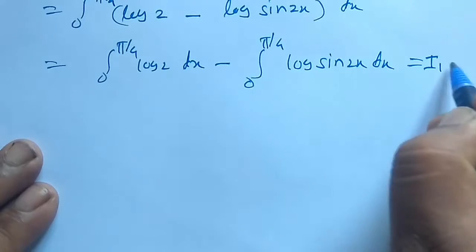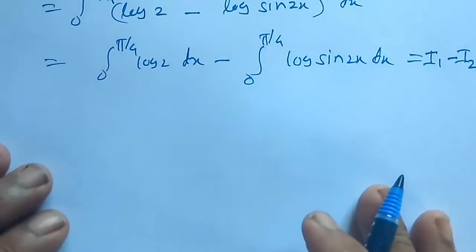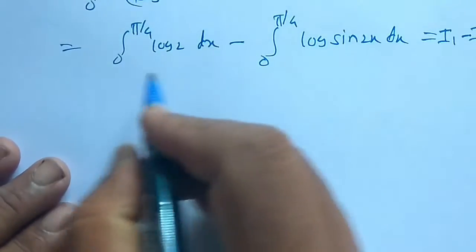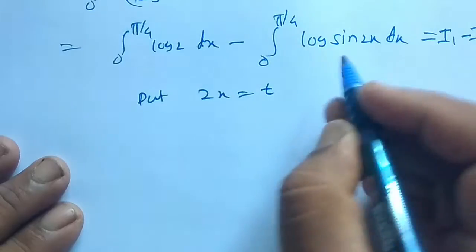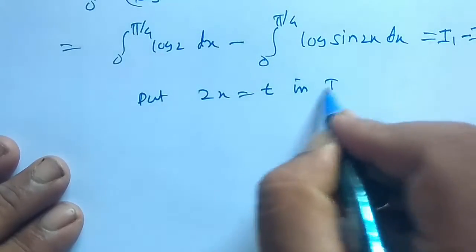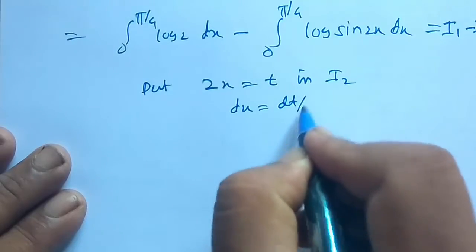We say I1 minus I2. Therefore, put twice x is equal to t in I2. Therefore, dx is equal to dt upon 2.